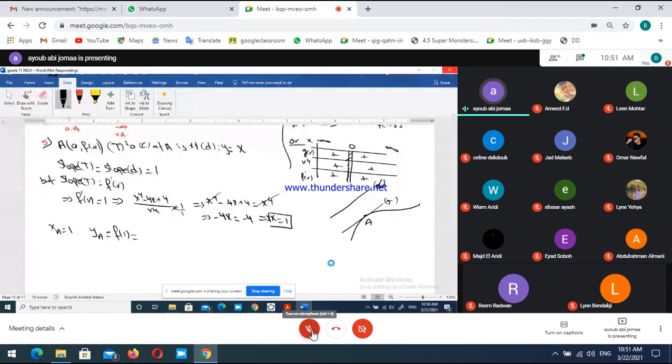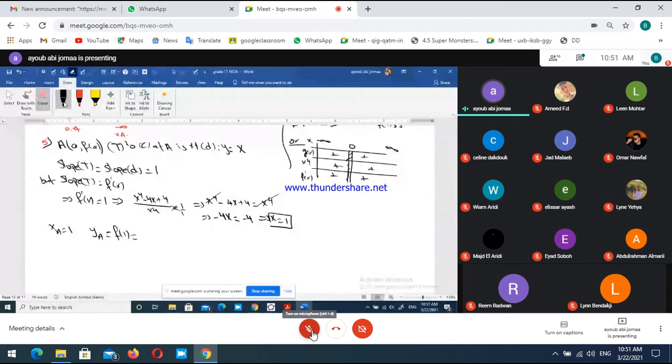Let's erase everything and restart. This is just a scratch of the idea. You have the function f, this curve, and you have a straight line D. The question wants a point on the curve so that the tangent line to the curve is parallel to line D. This line is parallel to line D but it is not tangent to the curve.